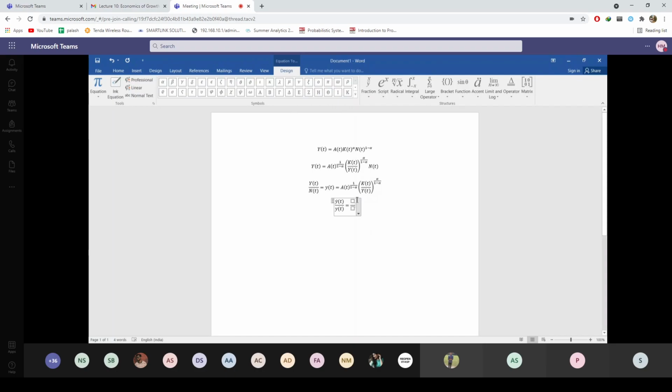A dot over A is basically my g in the long run. So it is g divided by 1 minus alpha.